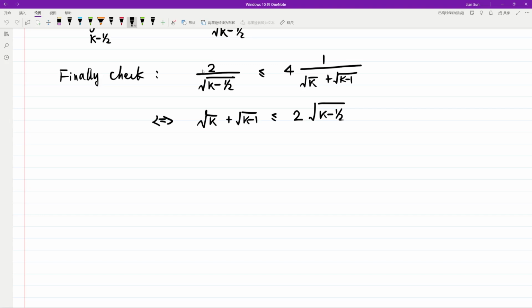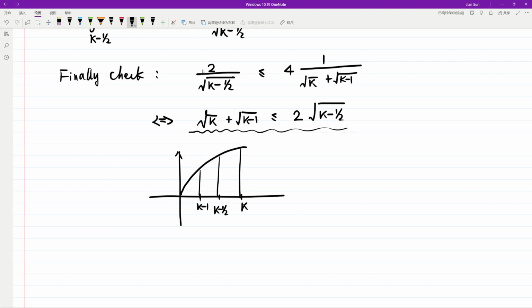This time, let us check the square root function. The square root function is a concave function. If this is k and this is k minus 1, the midpoint would be k minus 1/2. Because it's a concave function, by concavity, one of the Jensen inequalities, certainly this is true.